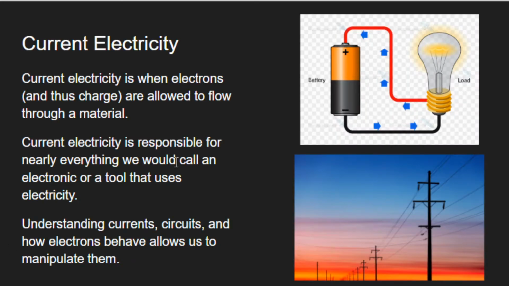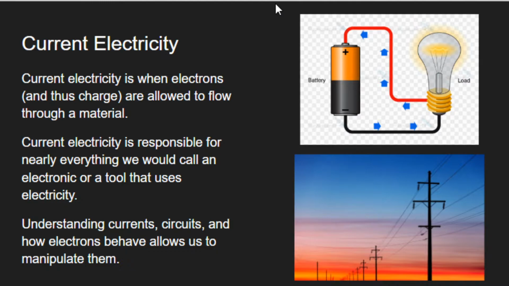Current electricity is a similar idea because it still uses electrons. We're still talking about electrons and a charge, but this time we're actually moving in a circuit or through a conductor, basically. So current electricity is when electrons are allowed to flow through a material.